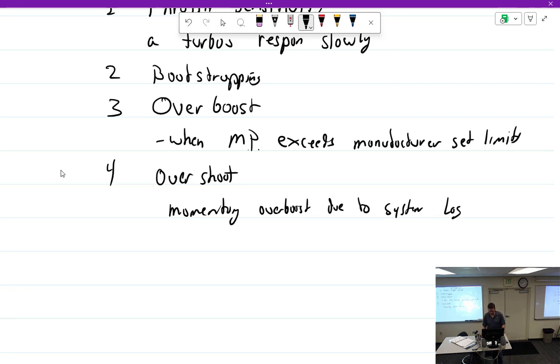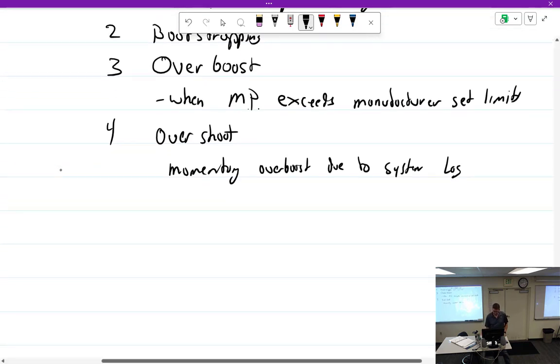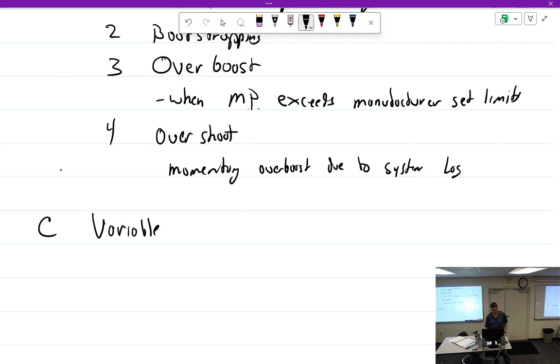All right, let's see. We have some other systems. We have the variable pressure controller system. Still a Lycoming system.